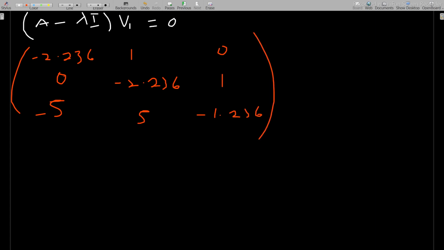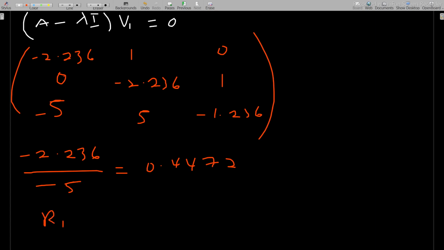Now with this matrix, first let's find the multiplier, which is negative 2.236 divided by negative 5. This gives positive 0.4472.